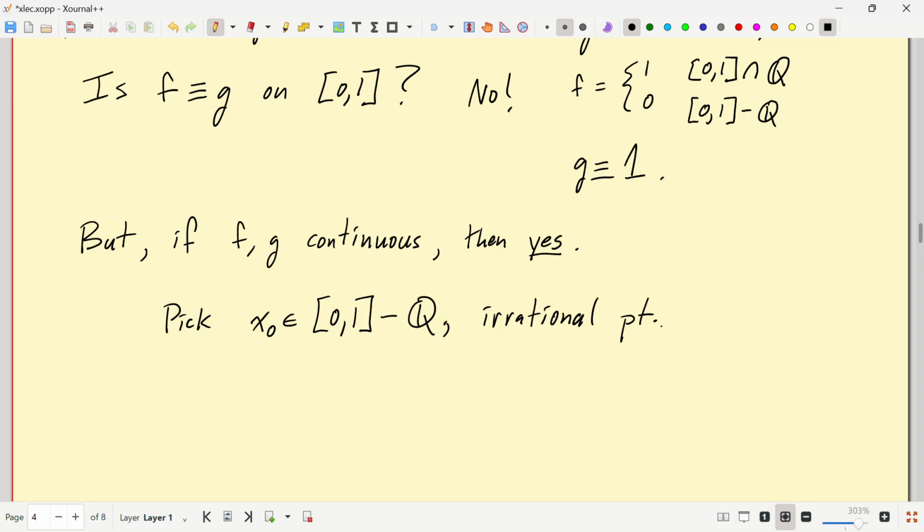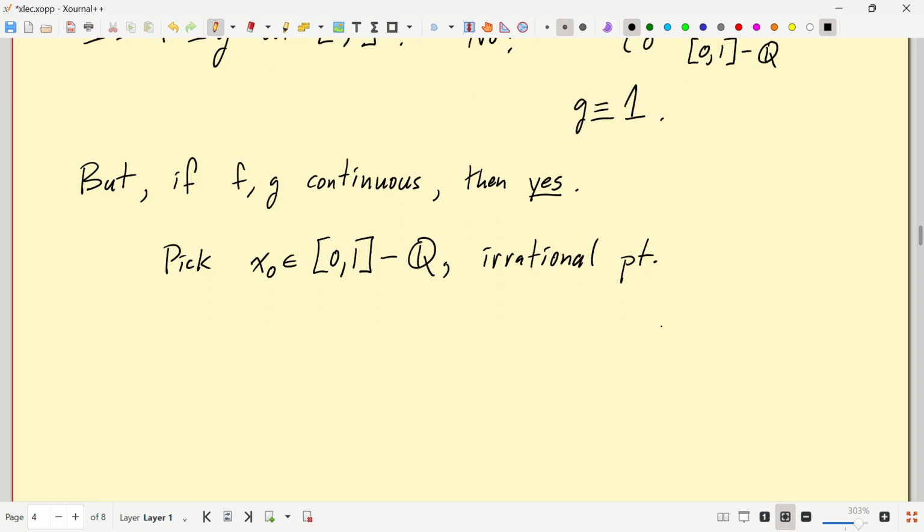Exactly. So remember the sequential characterization, the sequential definition of continuity.